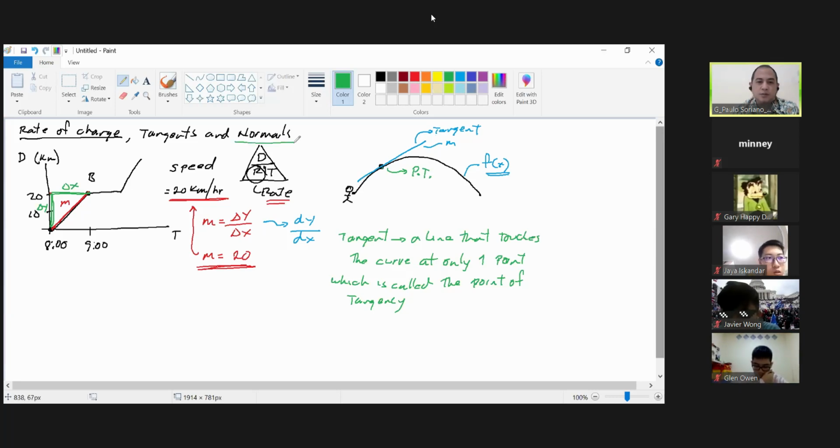Now, there is another word here, which is now a normal. What's a normal? Not a tangent. It is a line perpendicular to the tangent, at where? 90 degrees. 90 degrees where? Passing through the point of tangency. Correct. Okay, so a normal line is now a line perpendicular to the tangent at the point of tangency.